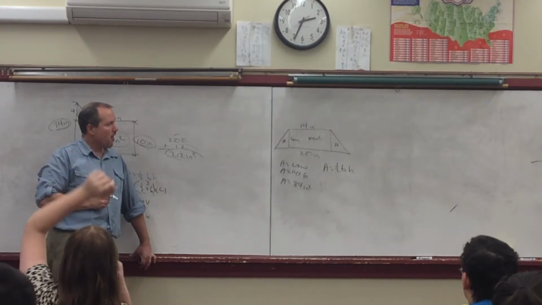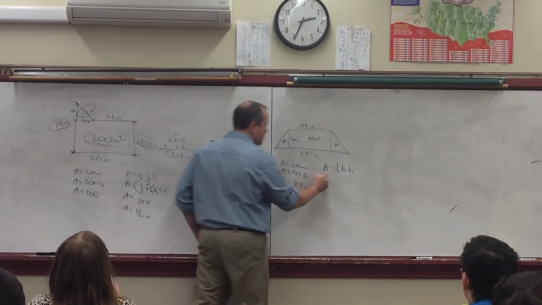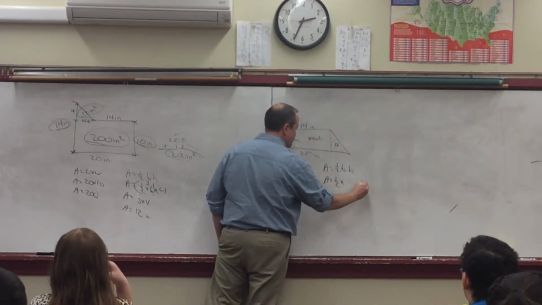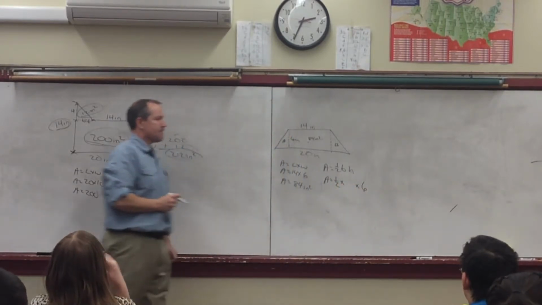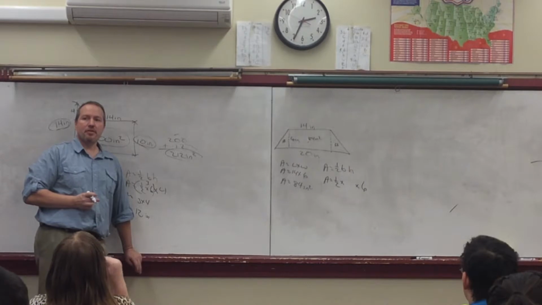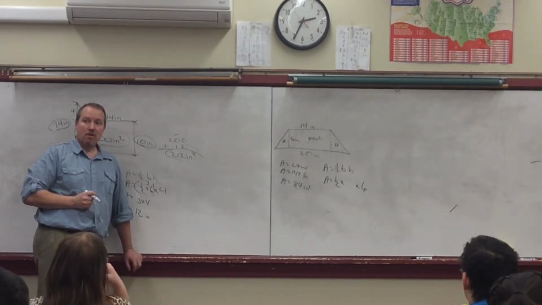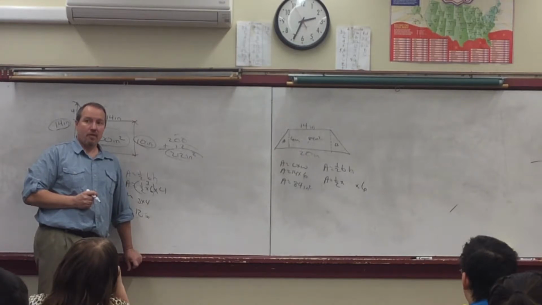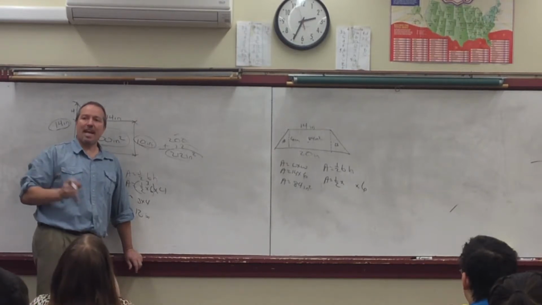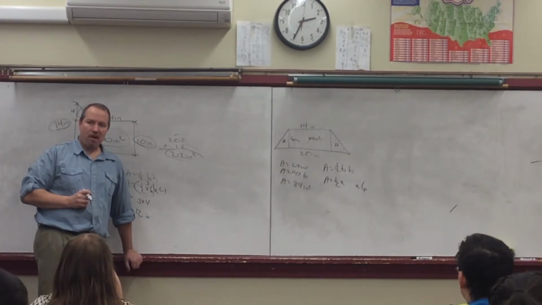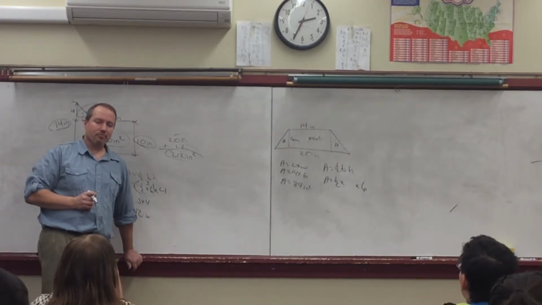Finley? The height will be 6. The height would be 6. What about the base? The base would be 3. Why? Because 14... The rectangle's length is? 14, and then you need 6 more, so if you divide 6 by 2, you get 3, and they're congruent.